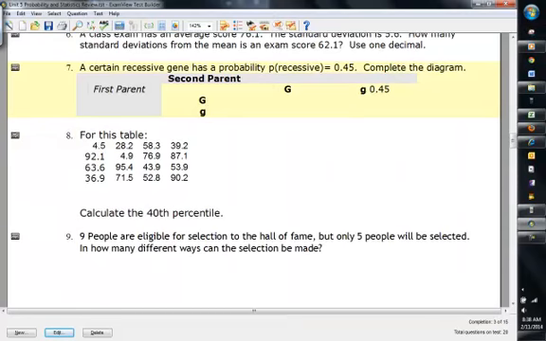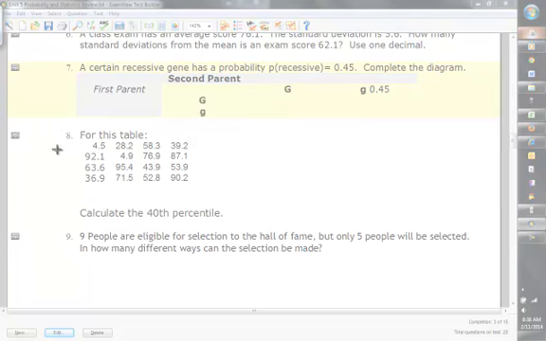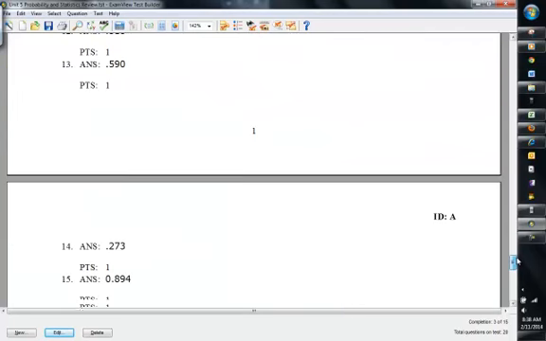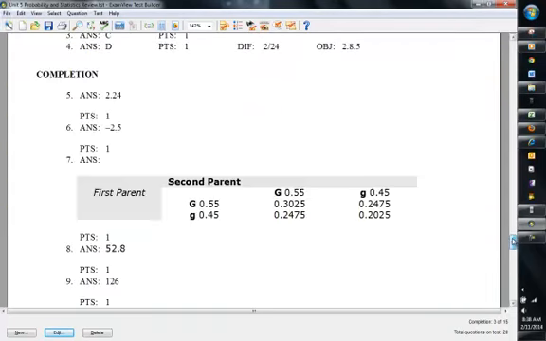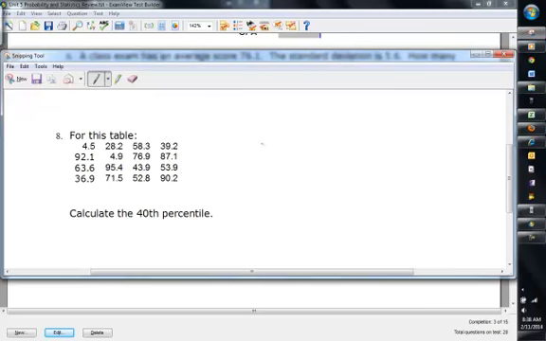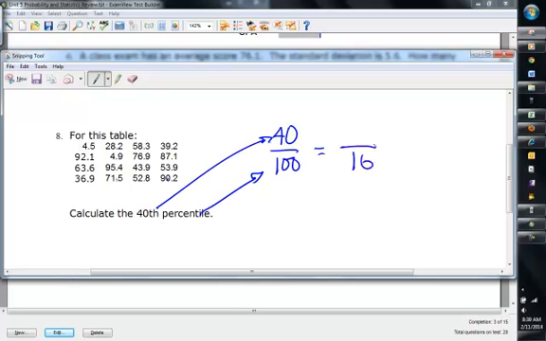Calculate the 40th percentile. You guys are having a real hard time with percentile, and I'm not sure why. I gotta make sure we got this right here. All right. So on this table, these numbers are all arranged in order already. So we want 40 out of 100 because that's where the percentile comes in. We have 16 different numbers.